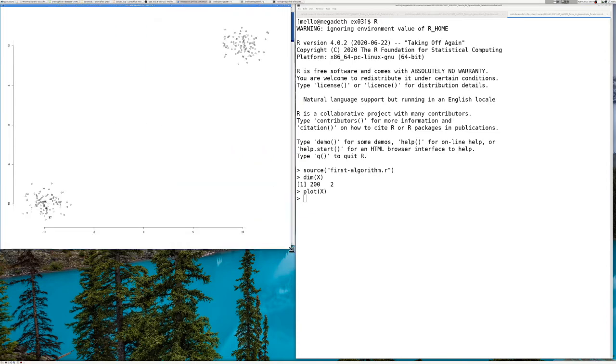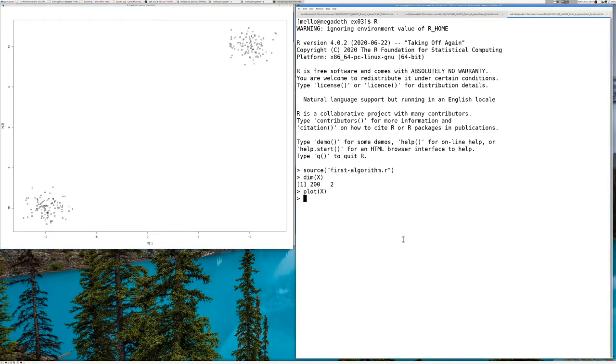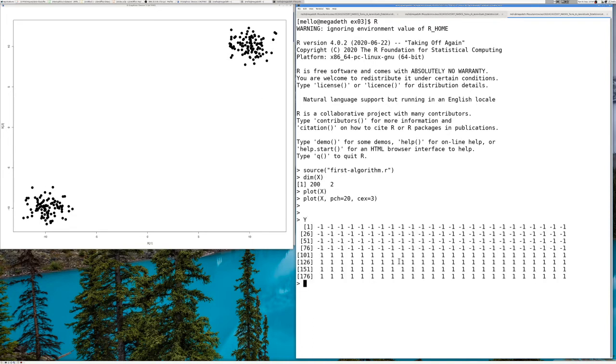If I plot using pch 20 and cex equals 3, you better notice what's going to happen. So my point here is I have one class for those points over here and another class over here.